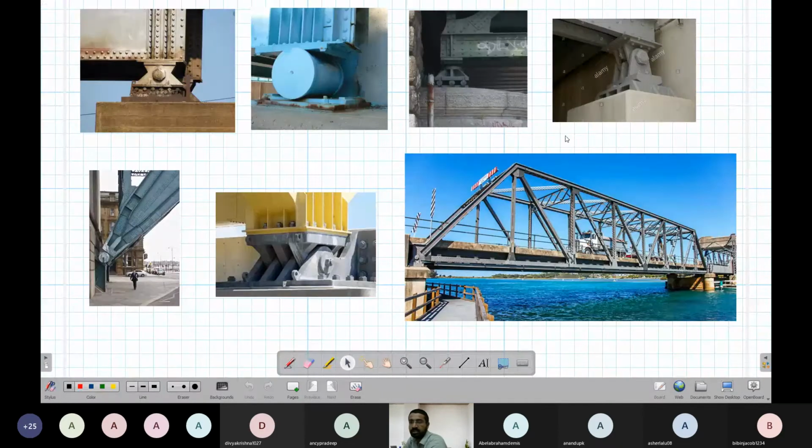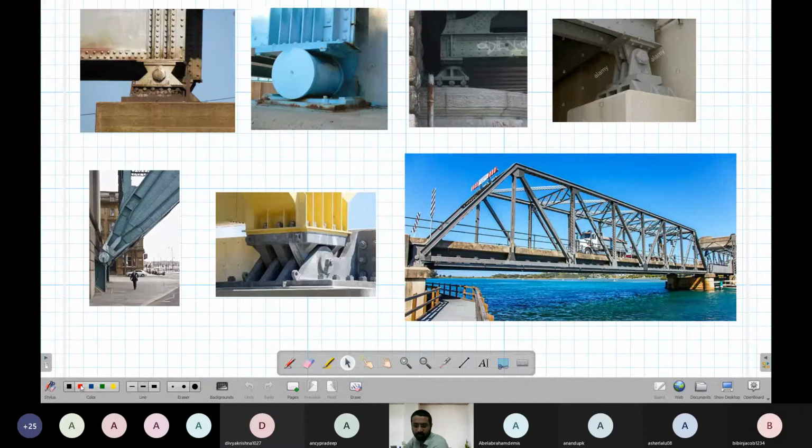Okay, so let's see. This is a bridge. You might have seen this kind of bridge, mostly railway steel bridges, and there are a lot of bridges in Kerala. Whenever there is a river, we need a bridge. Bridges are structures like this.